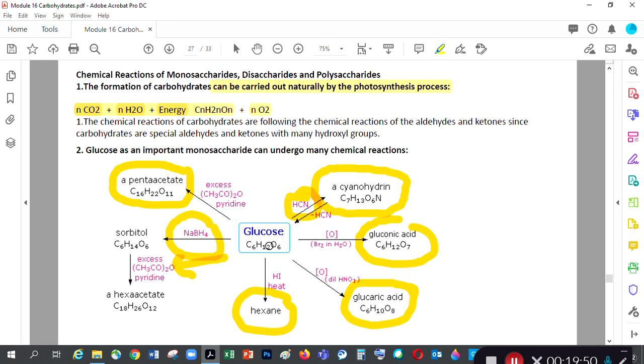This is a typical combustion reaction, and that's not mild, that's very extreme conditions for the glucose, and glucose will be decomposed and combusted into CO2 and H2O and energy. Nothing will be left of it. But if you oxidize it mildly, you can get different acids out of it.